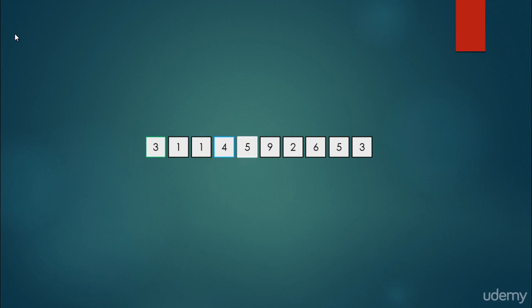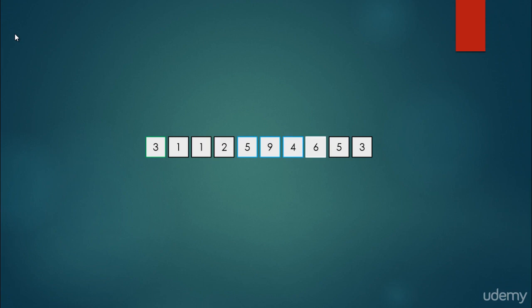Then we keep going. 5 is greater than 3, so it's in the right position. 9 is greater than 3, so it's in the right position. But 2 is less than 3, so we have to swap it with the first marked number, which is 4.